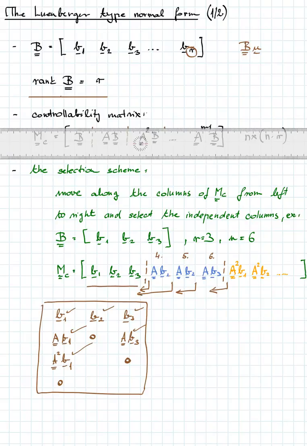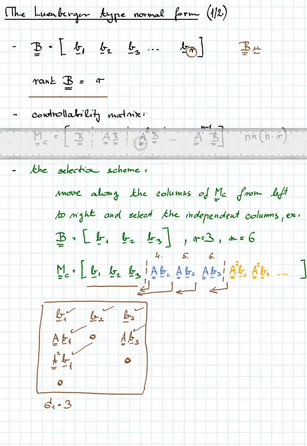So next, what is the next step? In the next step, we are going to calculate the independent elements of the selection scheme. So in the first column of the selection scheme, we have got 3 independent elements.